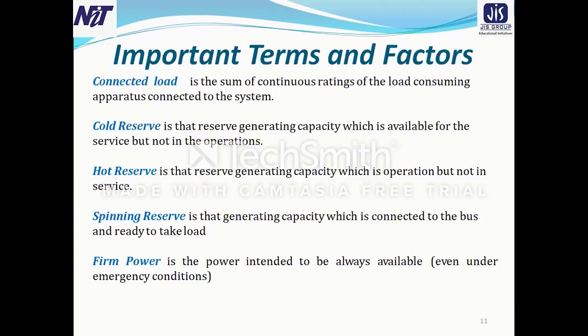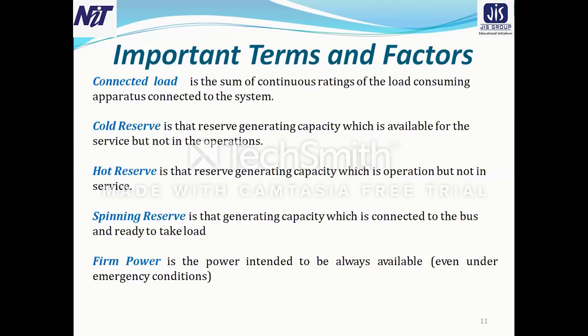Connected load is the sum of continuous rating of the load consuming apparatus connected to the system. Cold reserve is that reserve generating capacity which is available for the service but not in the operation.